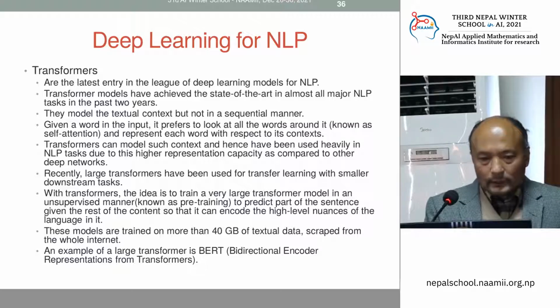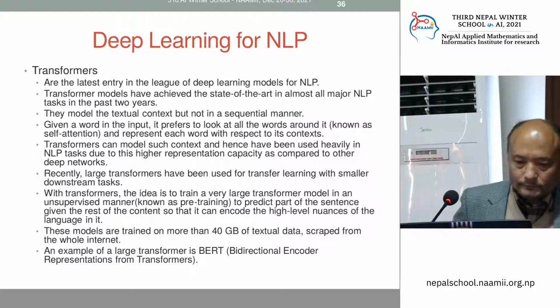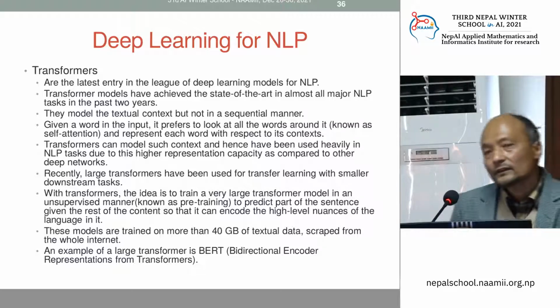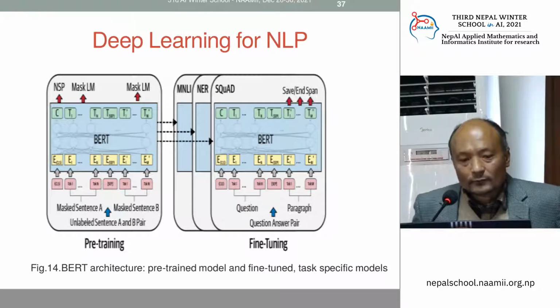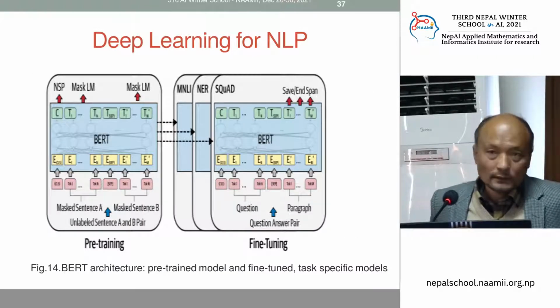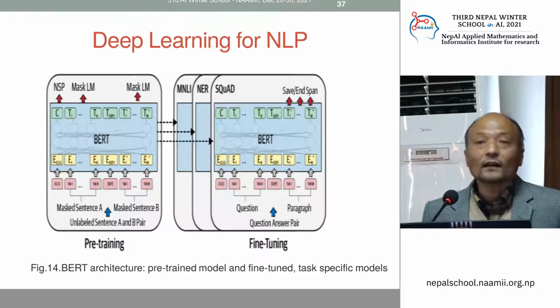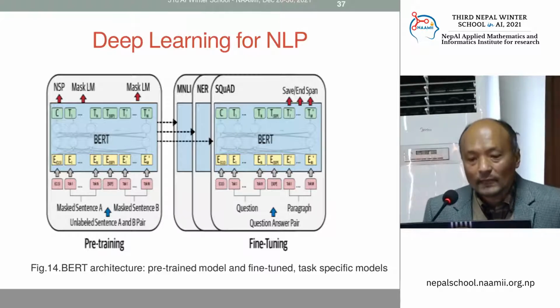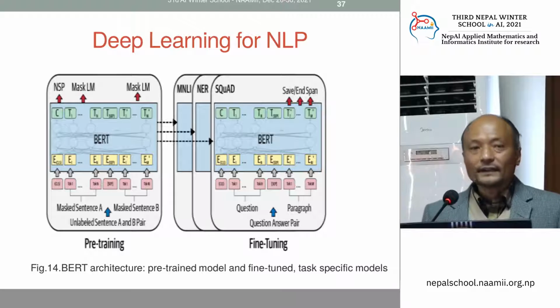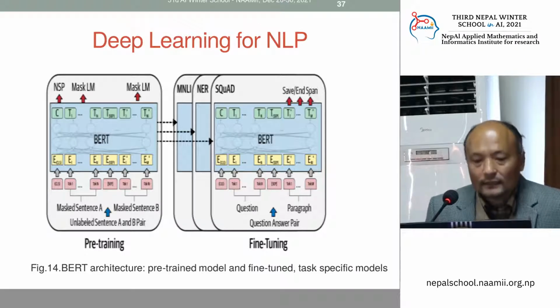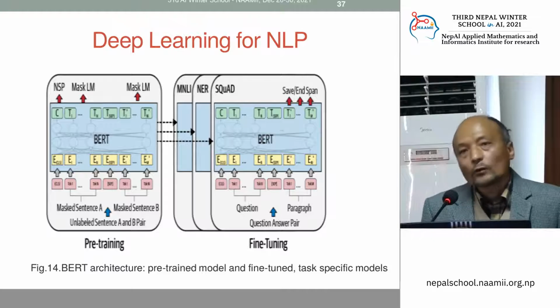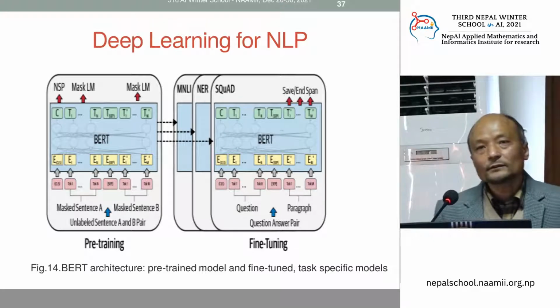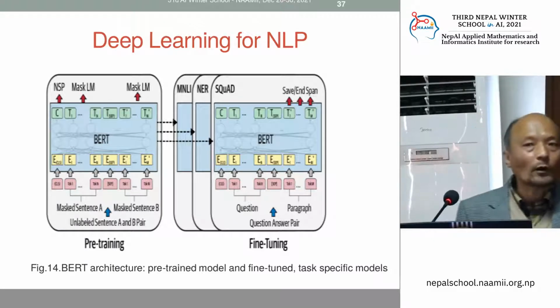Basically, with this BERT architecture, we have two stages: a pre-training phase and a fine-tuning phase. In pre-training, you use a pre-trained model, the BERT model, that was developed for some other purpose.